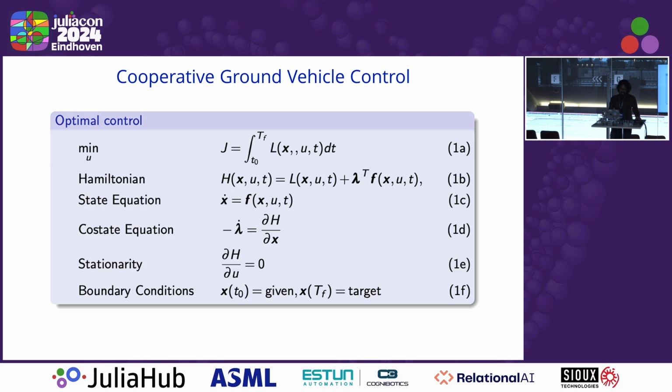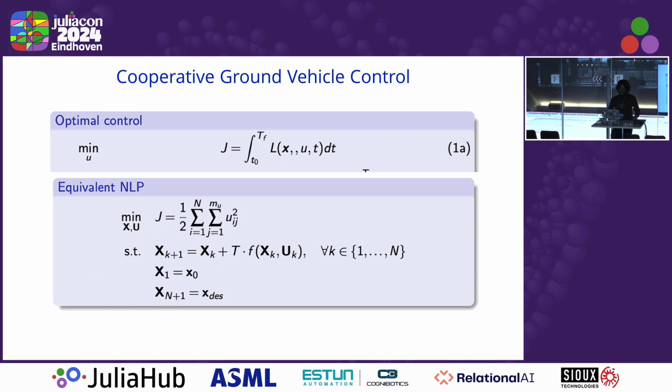Just a quick summary: this is what our optimal control problem looks like. The solution is obtained using the maximum principle. For our application, we just assume that our cost minimizes the control energy for each of the ground vehicles. It can vary based on the dynamics and the nature of the problem, and it's represented by L. Here, the TF is set to the time to go of the quadrotor, which updates every 1 second once the landing mechanism is initiated.